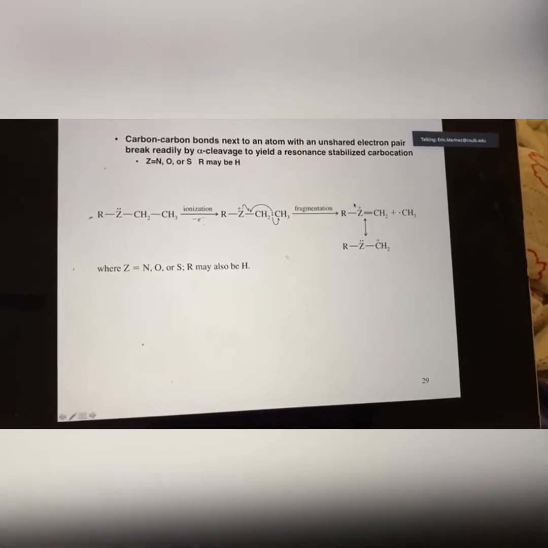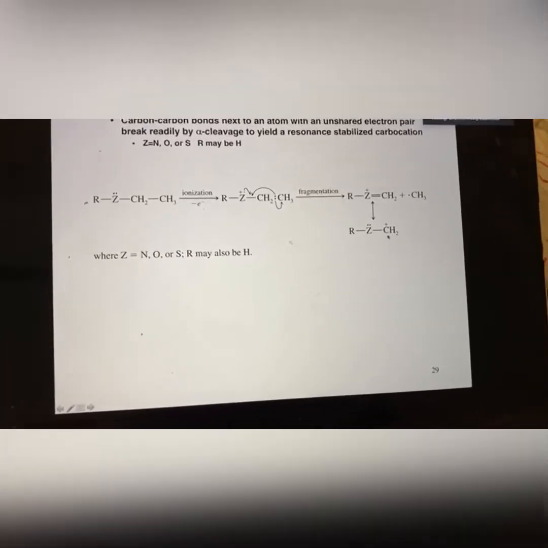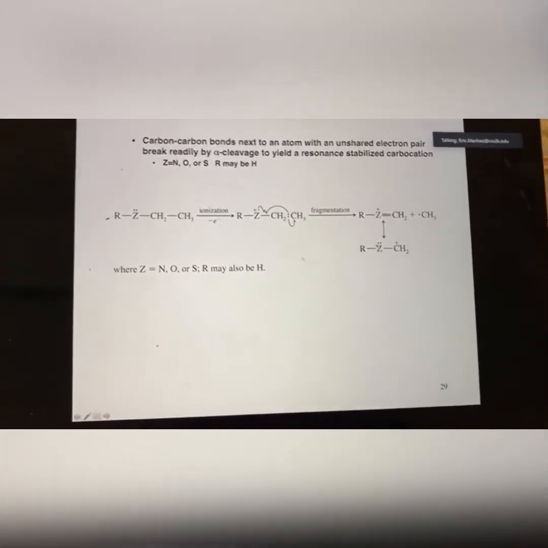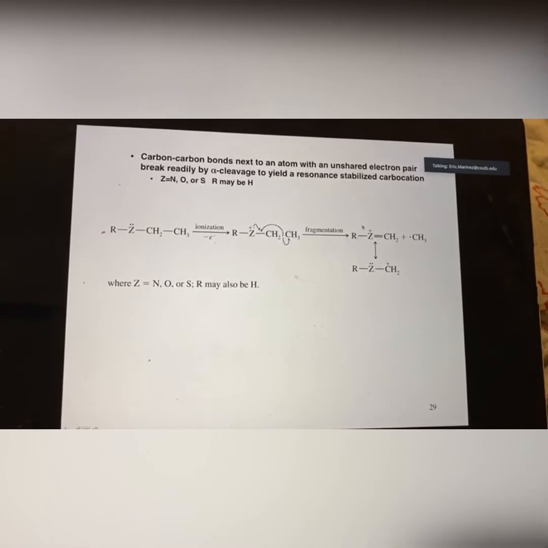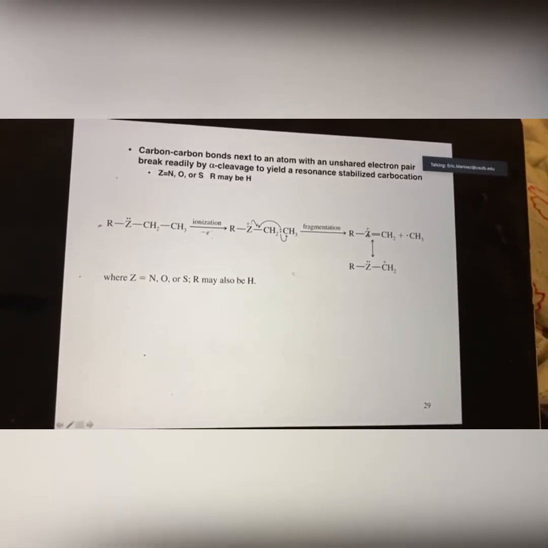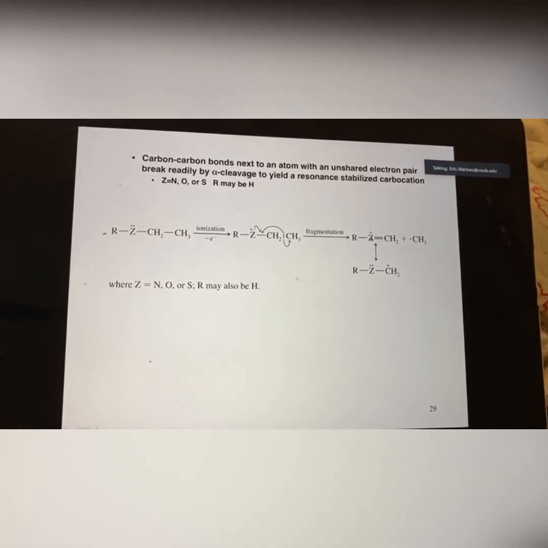One of the first things you learned when you learned resonance is that even though oxygen is more electronegative than carbon, the preferred resonance structure is this one because this structure has every atom with an octet. Whereas down here, this carbon's unhappy, there's only 6. So again, recognize that we're always forming resonance stabilized carbocations in the alpha cleavage. But again, the best one is this one because every atom has an octet.